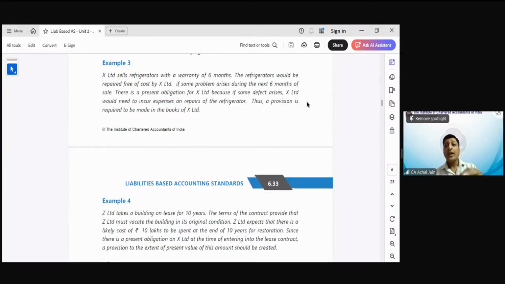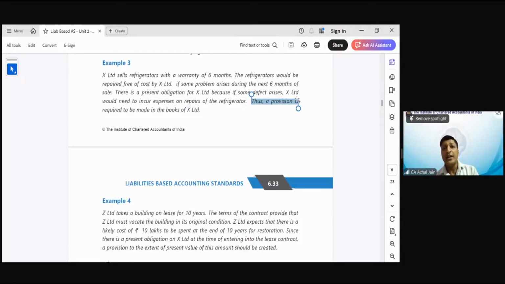So you may be thinking, but sir, in the example, they are saying a provision is required to be made. Okay, so you may have this concern, correct? So you may ignore this point. As of now, my intent is just to discuss the understanding that you have in respect of a liability.